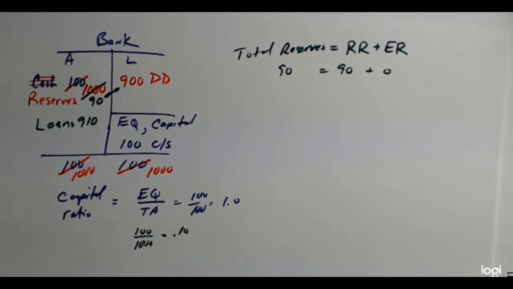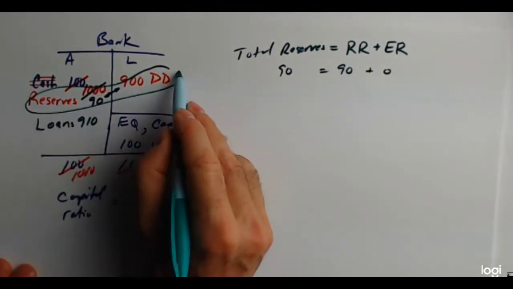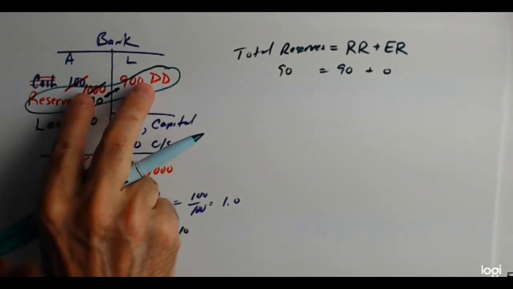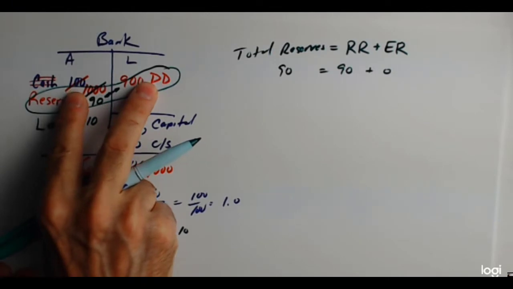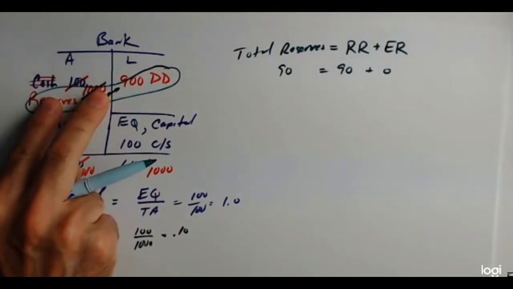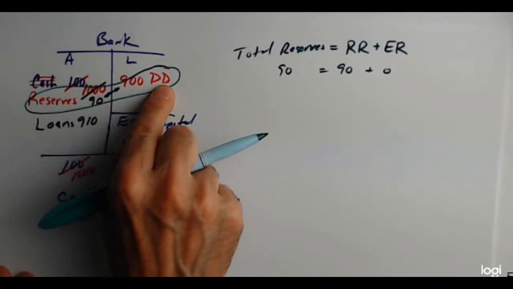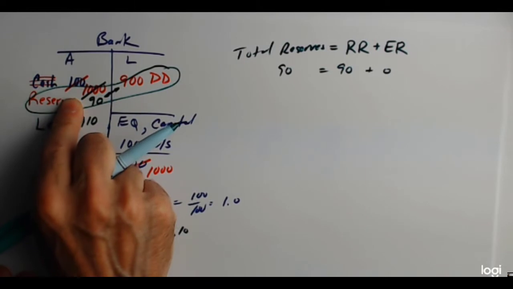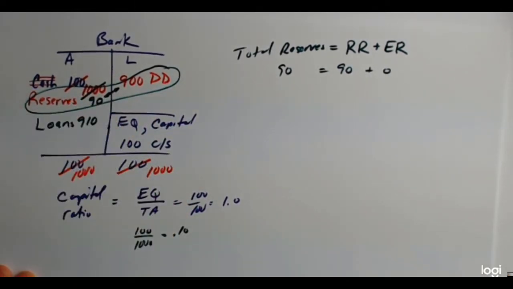Well, here's the way to think of it. Reserves and the demand deposits and other deposits are up top, the upper part of this balance sheet. And so if you have demand deposits and other deposits, there needs to be reserves to back it up, so that if people line up outside your bank, you have the cash to pay them off. It's a liquidity thing. This is liquidity, having these reserves here. Now, capital ratios have to do with solvency.